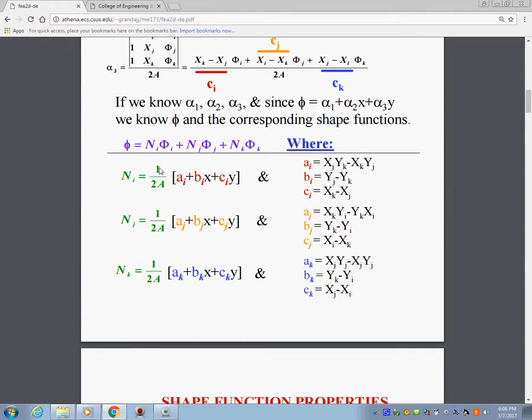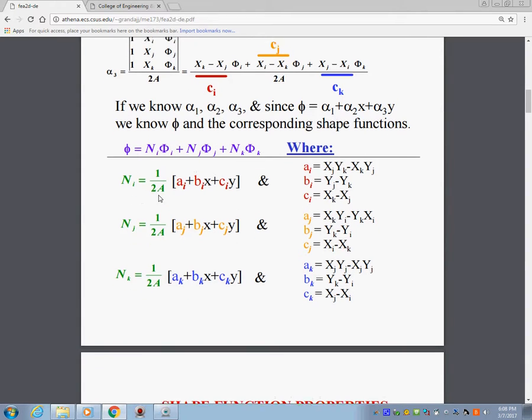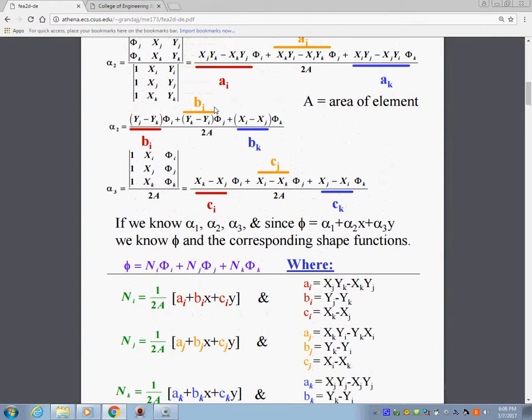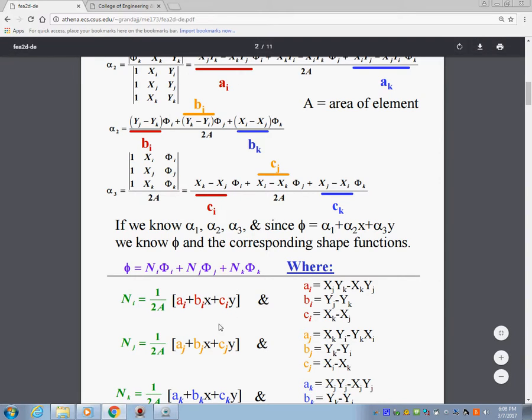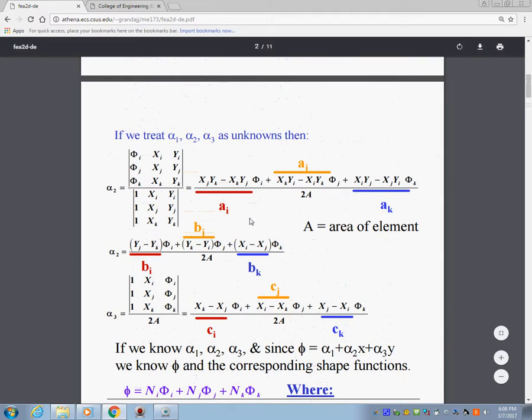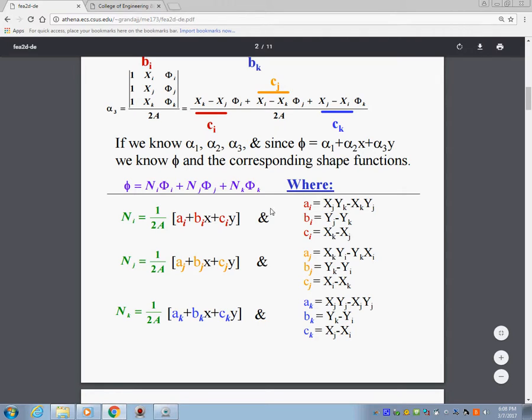then we can understand that these coefficients that we need are N sub i, N sub j, and N sub k, and we are giving the values for a sub i, b sub i, and c sub i from the first equation, and then you have this from the second and this for the third equation.